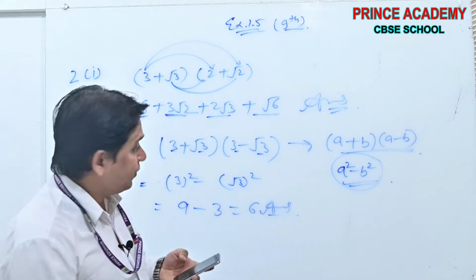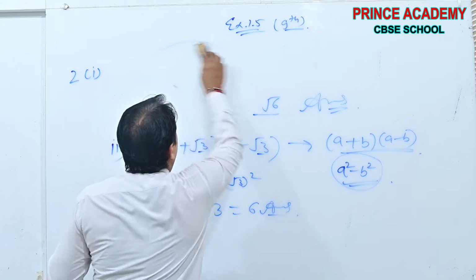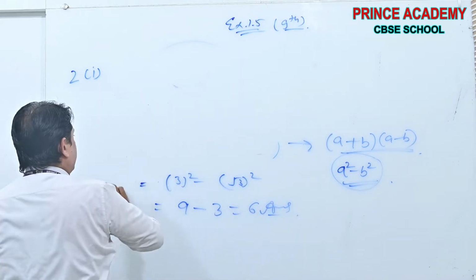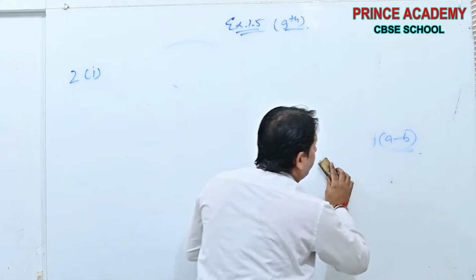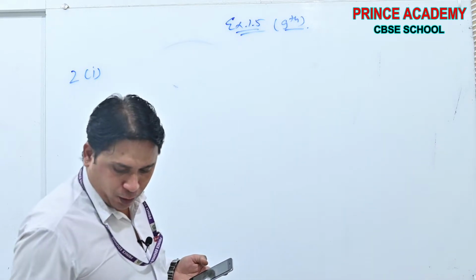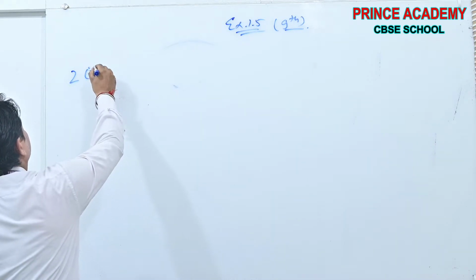Next question. Root 5 plus root 2 whole square. See beta, so simple it is.